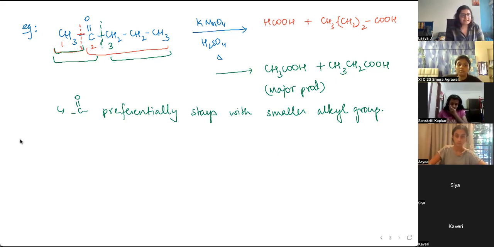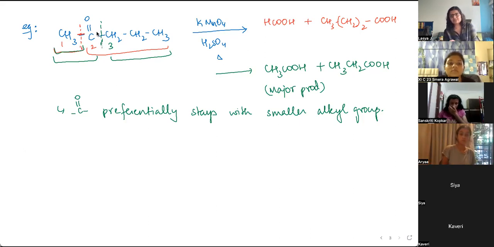Okay. Next. Preferentially, what stays? Like the double bond. So obviously both possibilities are there, right? Either there can be a bond break over here or a bond break over here.